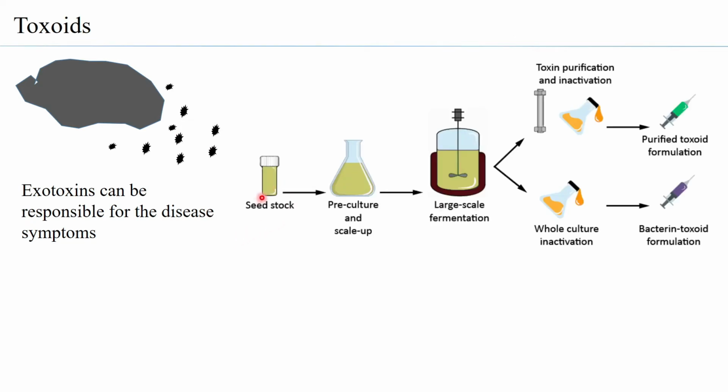So generally what is done is that the seed stock is taken, you have the culture formed, it is scaled up, so you would have a large amount of cells producing the exotoxins, and those exotoxins will then be purified and converted to toxoids. So these toxoids can be used as vaccines.